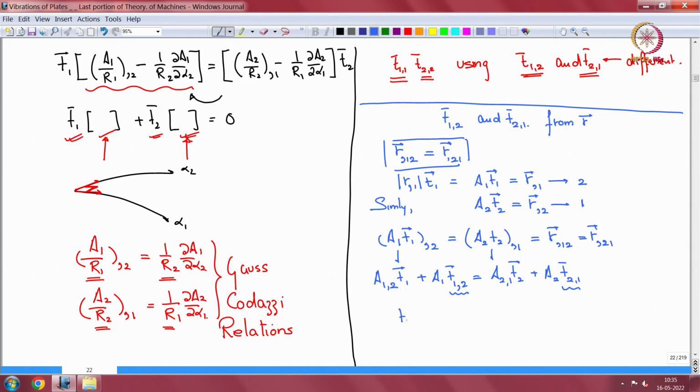Let us say T1,2 is equal to 1 by A1 times A2,1 T2 plus A2 T2,1 minus A1,2 T1.